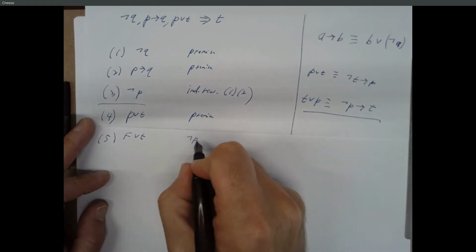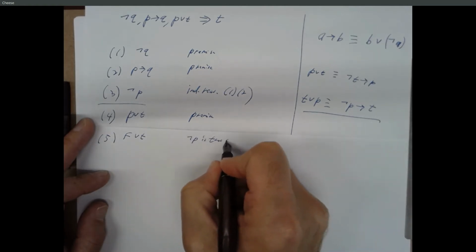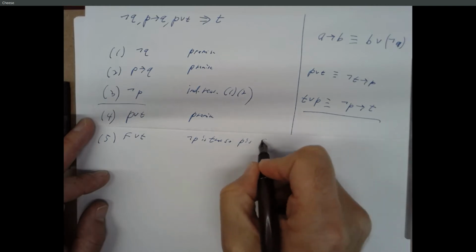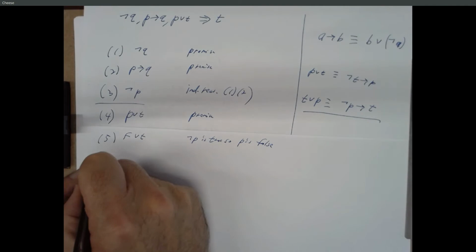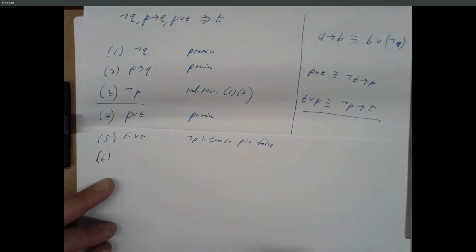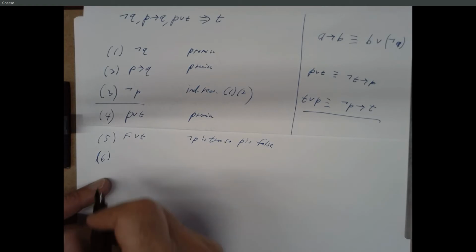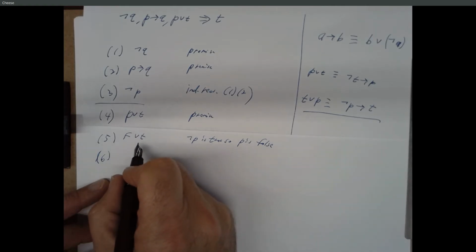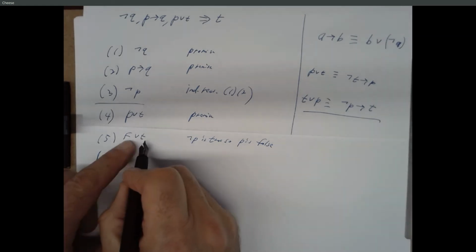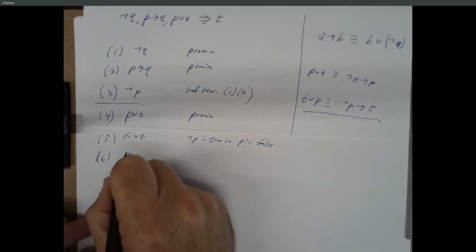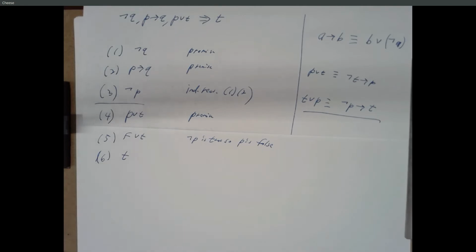And this is because not P is true, so P is false. And then there's a disjunctive simplification, since we have false or something. I don't have my sheet. But since one of these has to be true and false is false, then T has to be true.